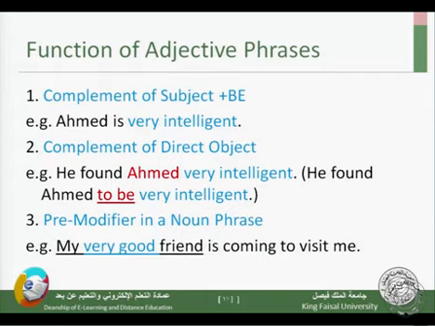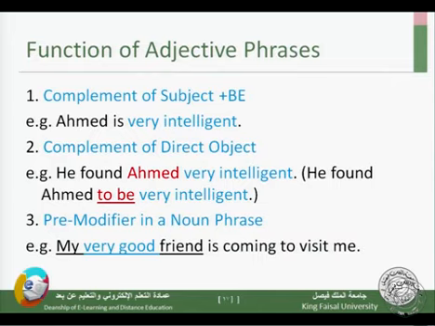Is, this is the form of the verb to be, third person singular form in the present, and it is the main verb in this sentence. And we have the subject Ahmed, so subject plus be. Then we have the adjective phrase very intelligent. In this case we can't remove very intelligent, it is necessary for the completeness of the meaning. We can't say Ahmed is and finish the sentence. We must say Ahmed is very intelligent.